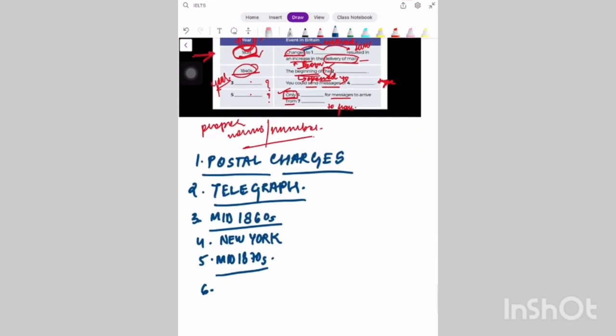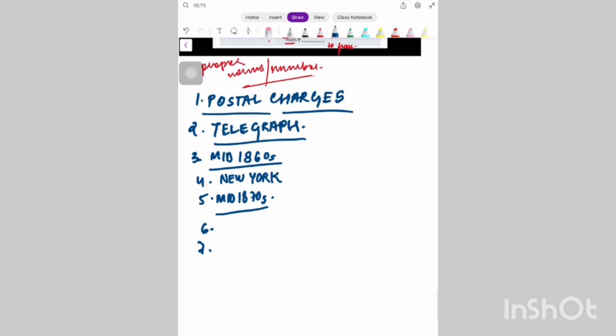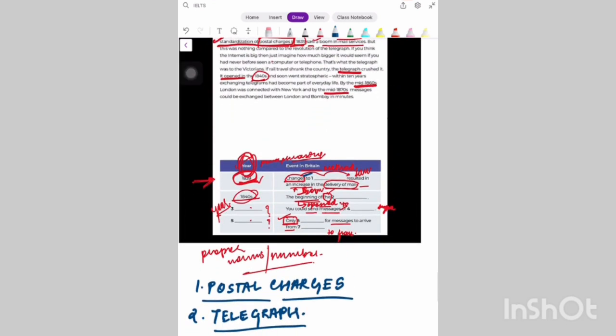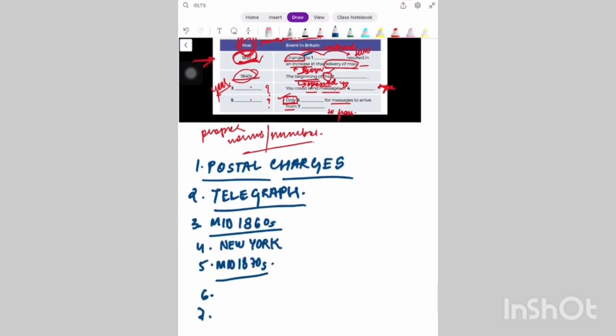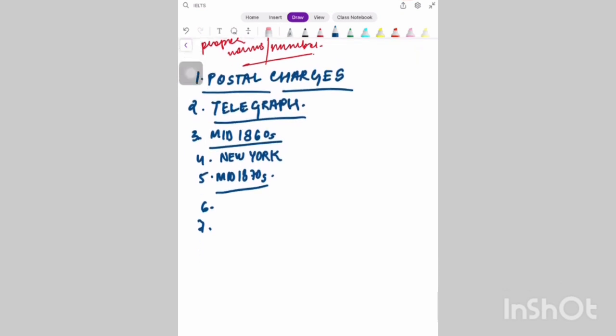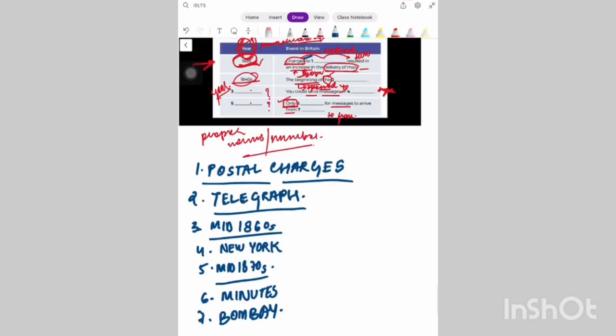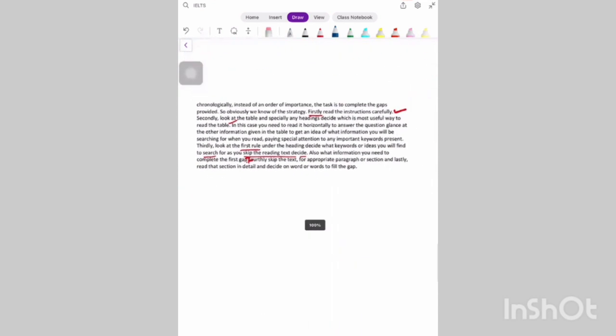Now the word from: between London and Bombay in minutes. So only minutes for messages to arrive from Bombay. So this is how you write table completion answers.